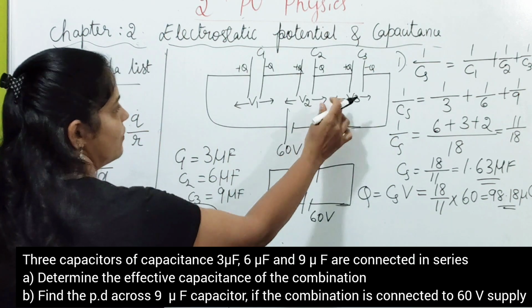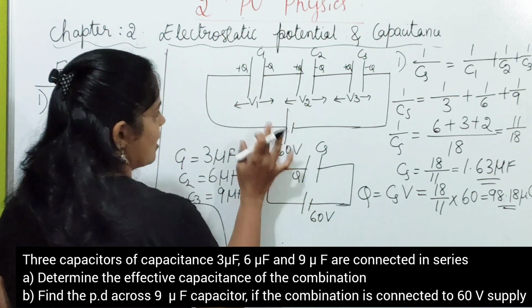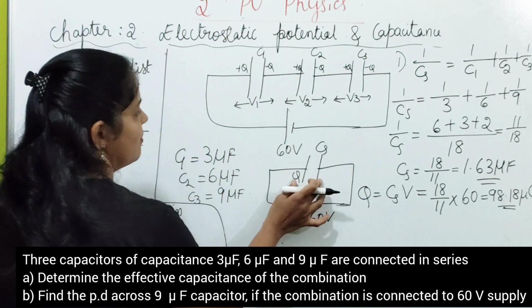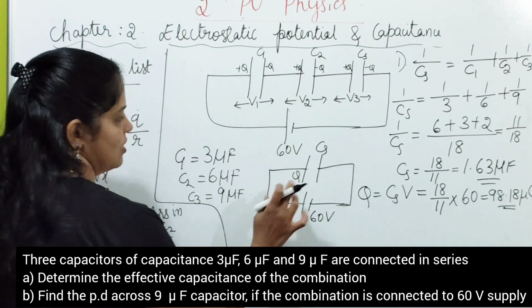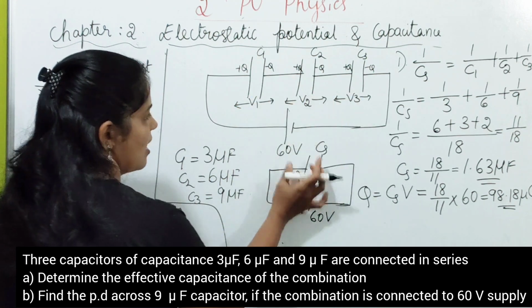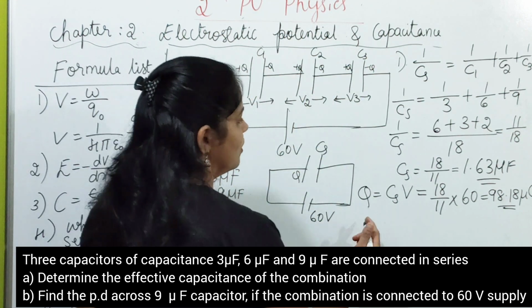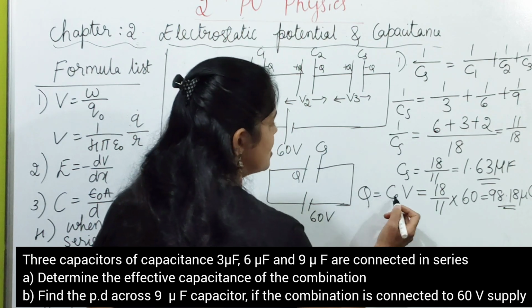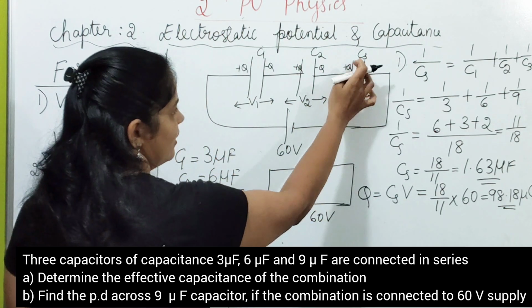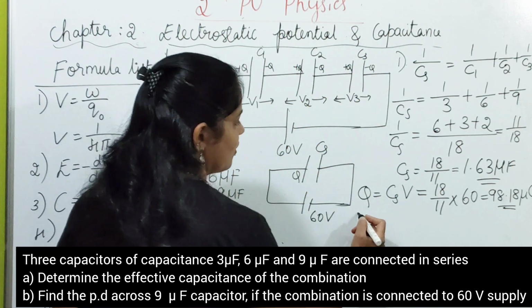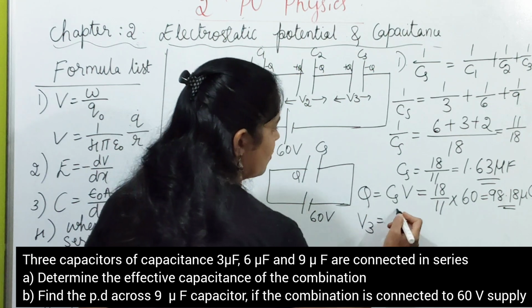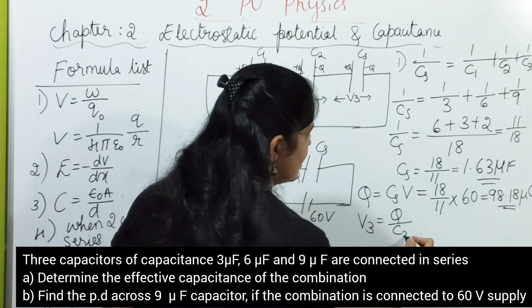Then how to find out V3? So charge on each capacitor is same as charge on the combination. All the 3 have the same charge as that of the combination. Therefore, let us use this relation Q is equal to CV and we know C3, right? So V3 is equal to Q divided by C3.